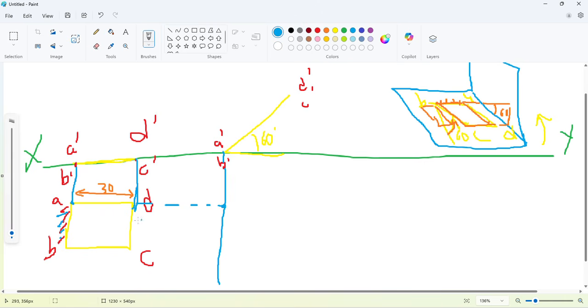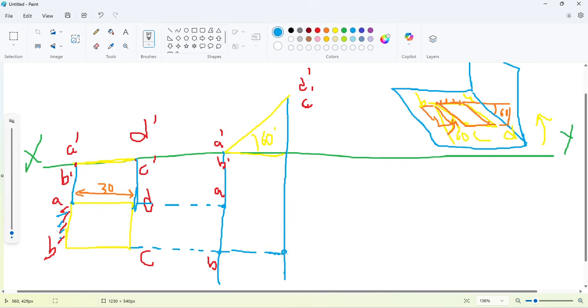So this point is going to be A, and again in the same line we have B dash. So from B we will draw a horizontal line. So this point is going to be B. So this is our A, this is our B. Now in the same way we have to trace out C and D. So again from C you have to draw a horizontal line which will intersect with this line.